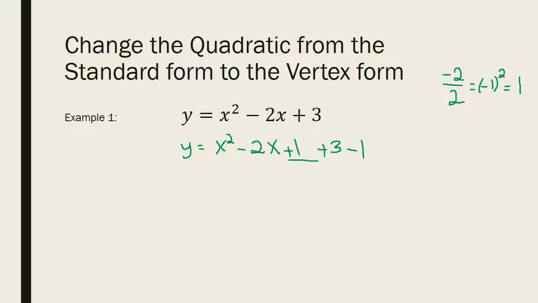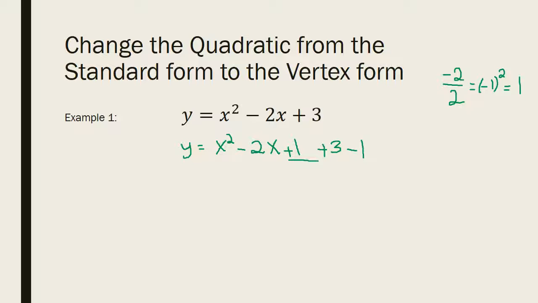Now 1 minus 1, or 1 plus negative 1, is 0. So although I added 1 and negative 1 to the equation, it's like I added nothing, because the value of these two numbers added to the equation is 0. But this technique will help me have a perfect square. Why?